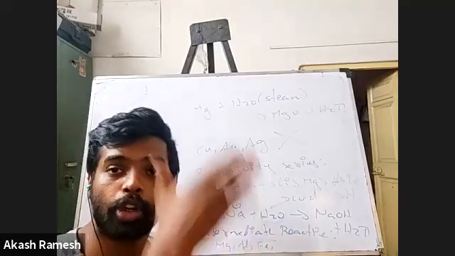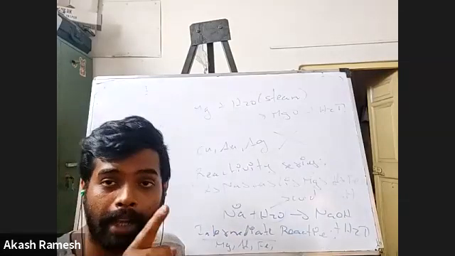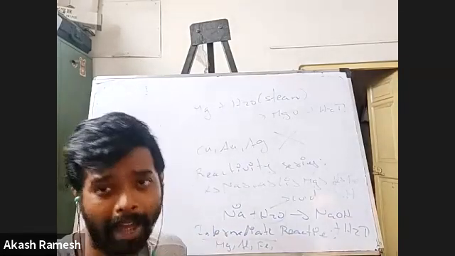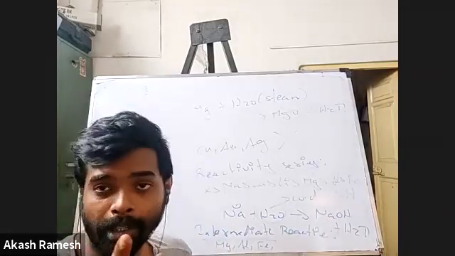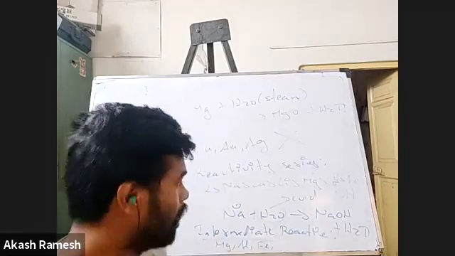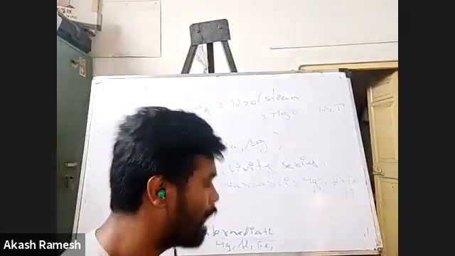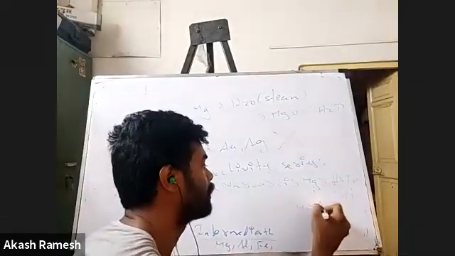Hydrogen can be placed in group 1, alkali metals, or it can be placed in group 17, that is halogens, right? Okay, so after hydrogen you have copper, gold, silver, all these things come.